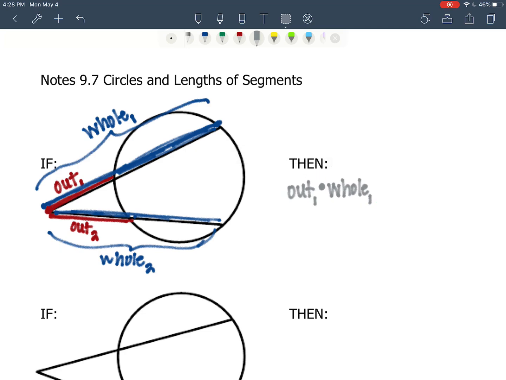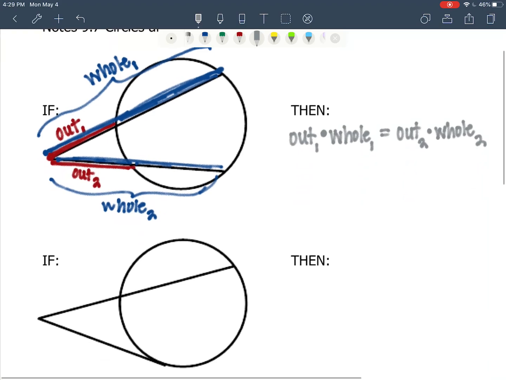If you've got two secants with a circle, and they meet at a point outside that circle, the outside times the whole is equal to the outside of the second secant times the whole length of the second secant. So the outside times the whole equals the outside times the whole.